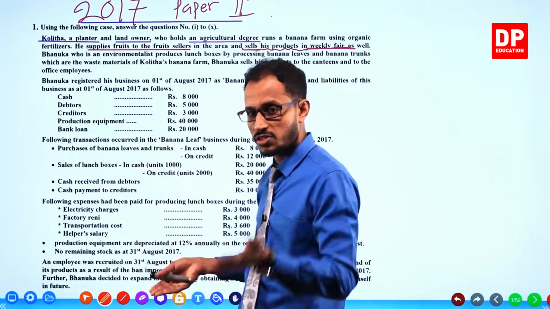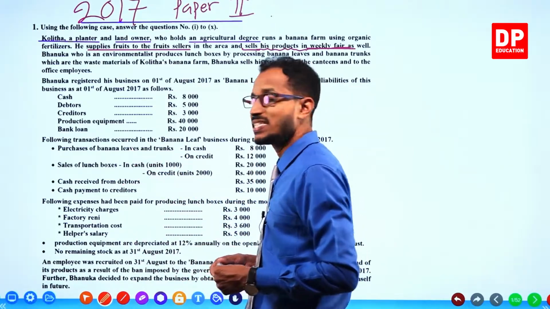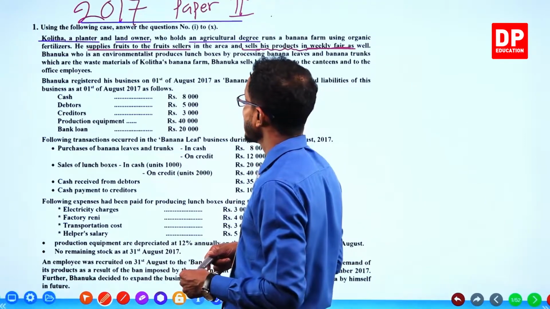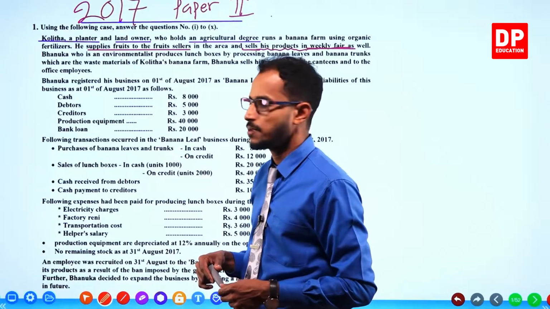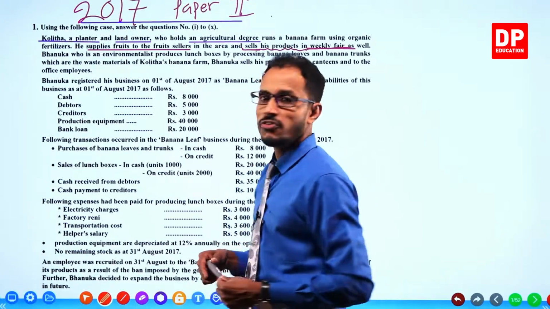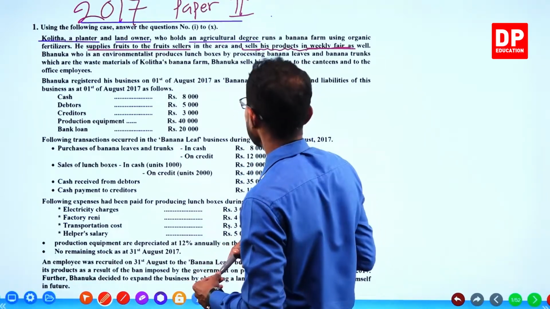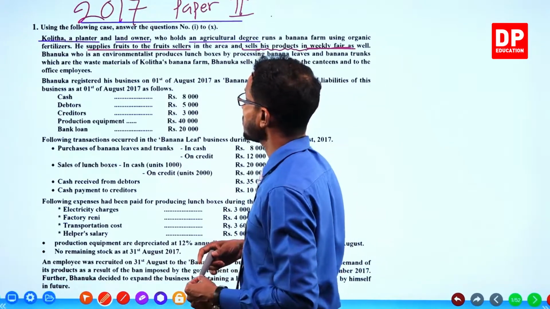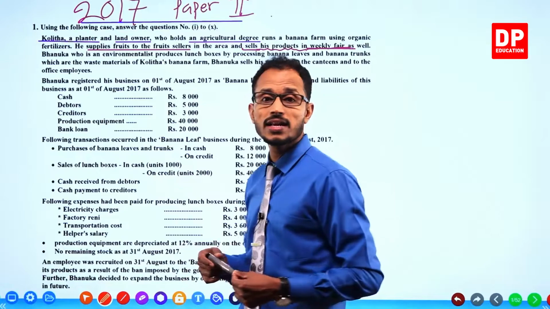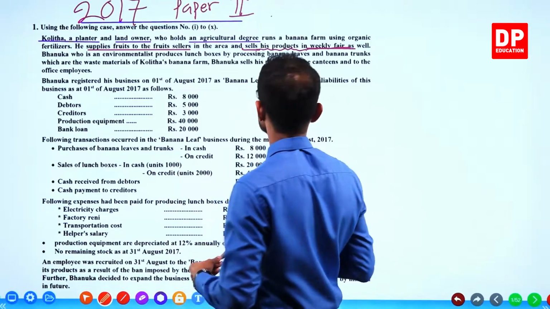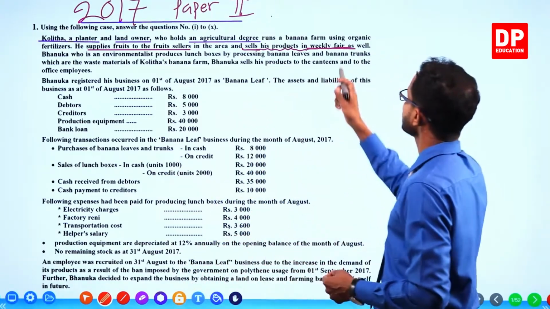You can carry your lunch, your rice and curries in this type of a box. 100% environmentally friendly. Those type of lunch boxes are produced by Bhanuka using banana leaves and banana trunks.